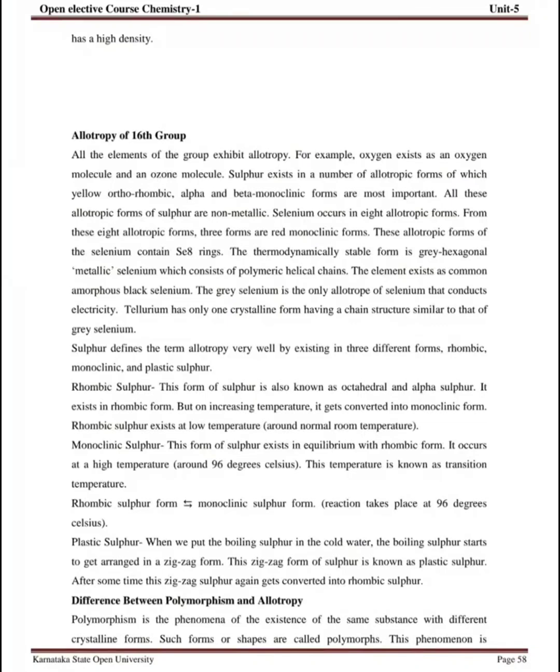Here we are going to discuss the allotropy of sulfur: rhombic sulfur, monoclinic sulfur, which means different physical structure but the same chemical property, and plastic sulfur. These are the 3 types of allotropy of sulfur.